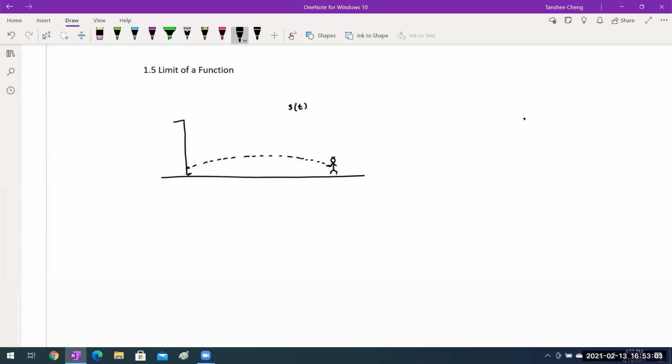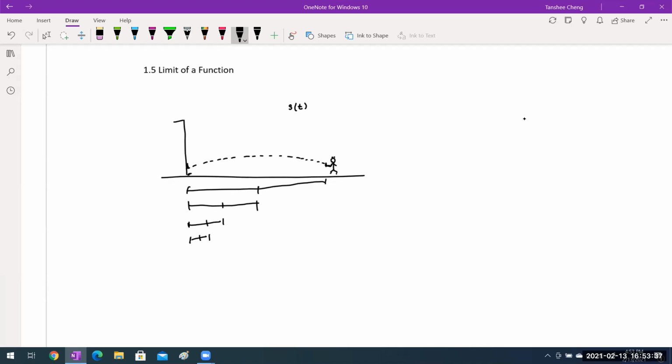But if I want you to look at it from the point of view of the limit of a function, then we can argue a little bit this way. From here to the wall, we have this distance, and I can talk about the midpoint of the distance. From this midpoint, I can talk about another midpoint right here. And from this midpoint to the wall, I can talk about another midpoint, and so on and so forth.